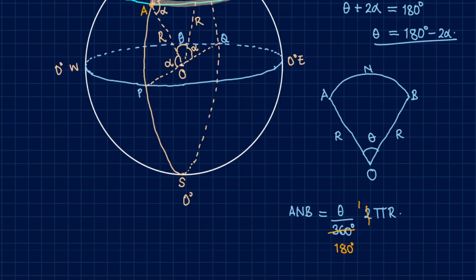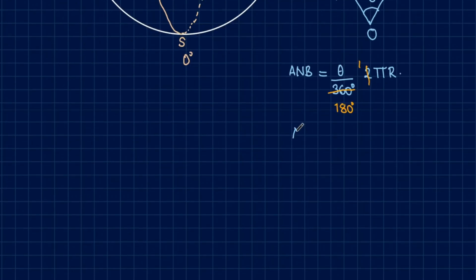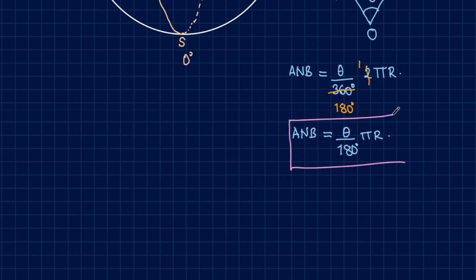And if we write that, let's get more space here, and we have A and B. This will give us theta over 180 degrees times pi R. So that becomes the formula for us to get the shortest distance between A and B through the North Pole.